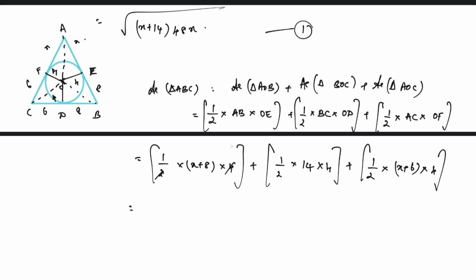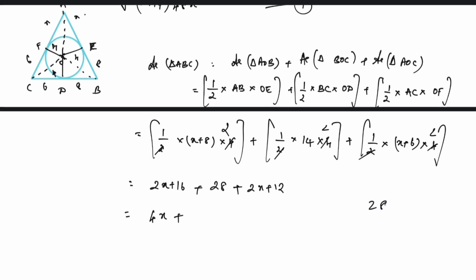Solving them, 2 4s are 2, 2 gets cancelled, and we get 2x plus 16, plus 2 into 14 is 28, plus 2 into x plus 6 is 2x plus 12. We get 4x plus 28 plus 12 plus 16, which is 56. Taking 4 common, we get x plus 14.